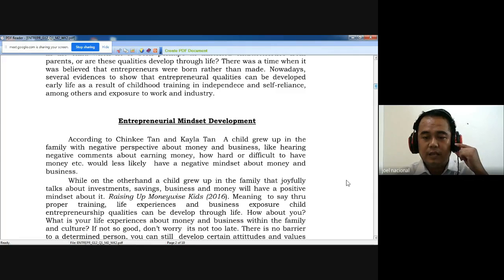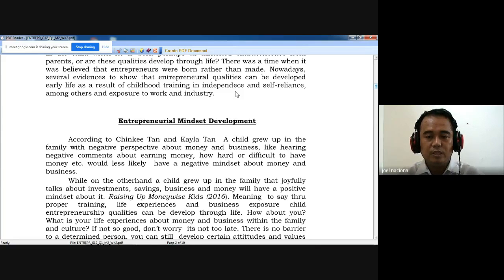There was a time when it was believed that entrepreneurs were born rather than made. Nowadays, there are several evidences to show that entrepreneurial qualities can be developed early in life as a result of childhood training in independence and self-reliance, among others, and exposure to work and industry. So there are things they consider if entrepreneurship is being made or they are born as an entrepreneur.